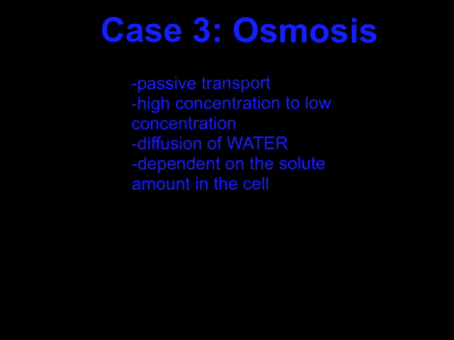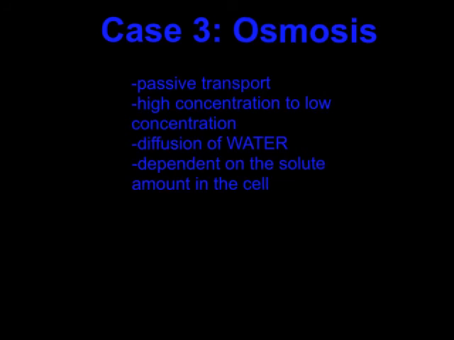So osmosis is our third case of passive transport, which means, again, movement of molecules from high concentration to low concentration. But what's different about it is it's the movement of water, and specifically only water. What we're going to learn is that it's dependent on the amount of solute that is inside our cell and outside the cell as well.